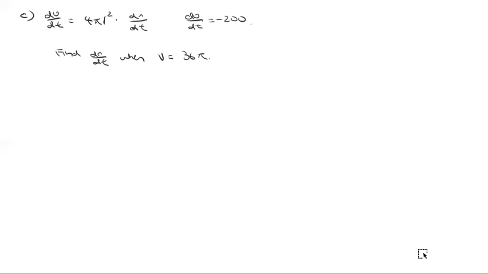Now here's the thing, we know V, they tell us what V equals. But if you look at the expression we're relying on here, are we using V? No. What letters are we using? dr/dt, that's what we're trying to find, but what other letters?